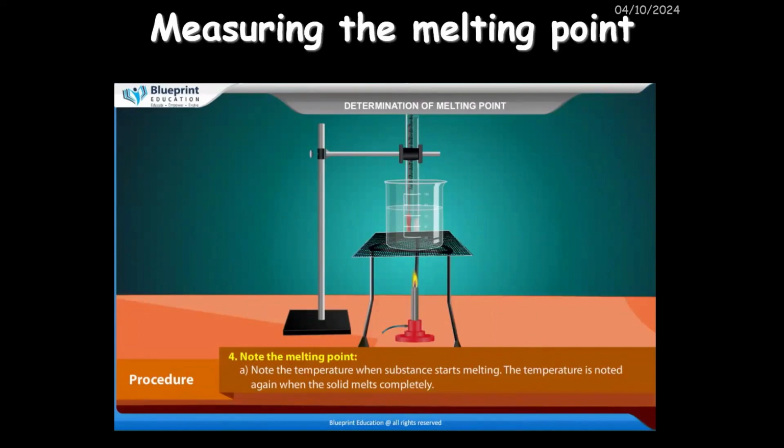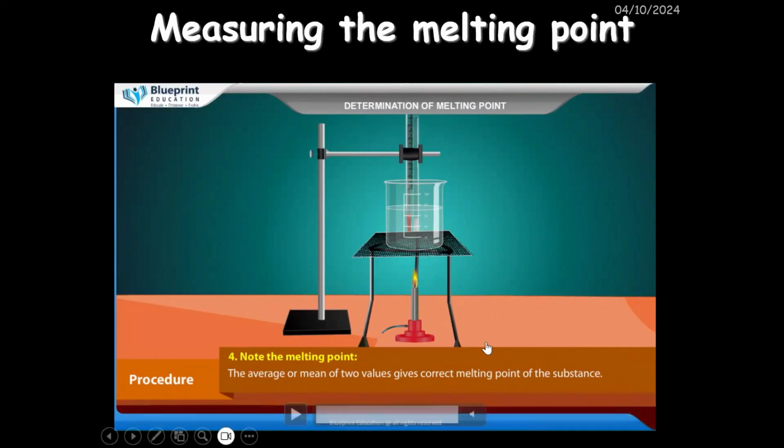When the solid starts to melt, the temperature will be recorded. And when the solid is completely converted into liquid, the temperature will be recorded again. We will use these recordings to plot what is called the heating curve, and from that plot, we will get the melting point.